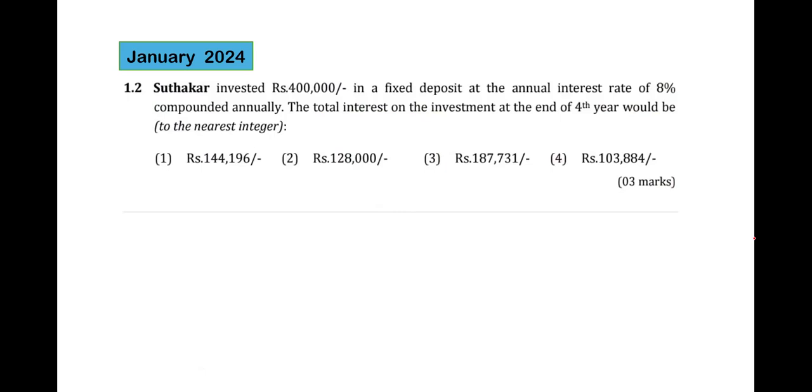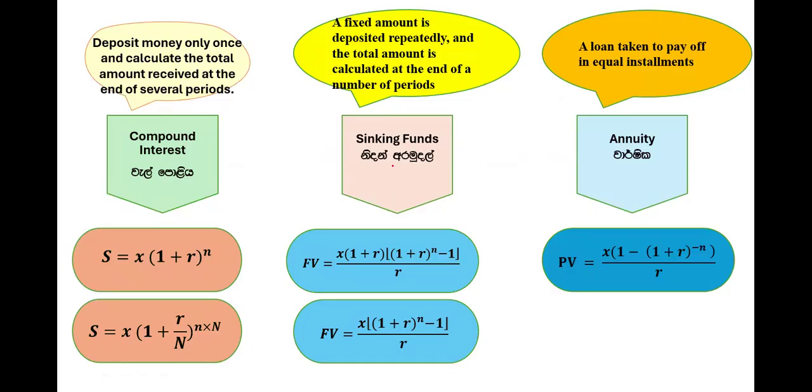We deposit money only once, not a fixed amount several times. In this question, we deposit some amount, that's all. After 4 years, we want to calculate the total amount. Then we will have to use the compound interest formula.